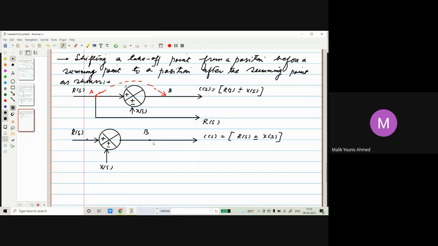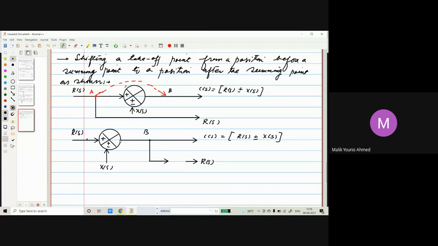This is a takeoff point here. So this is going to something, we'll see that. But for sure, we know that the output here is again R of S.